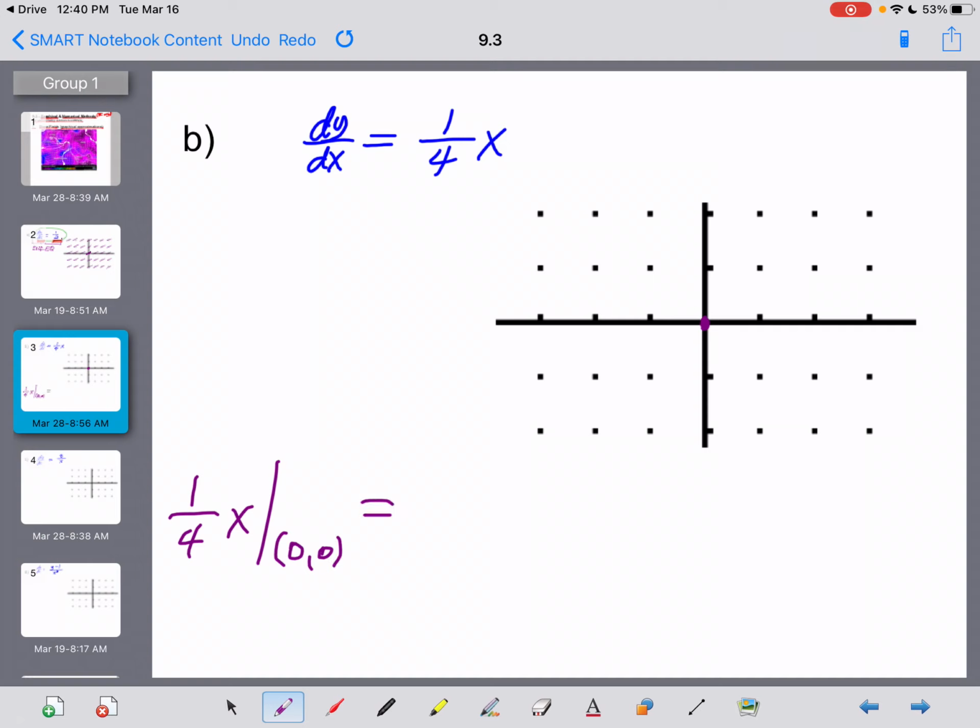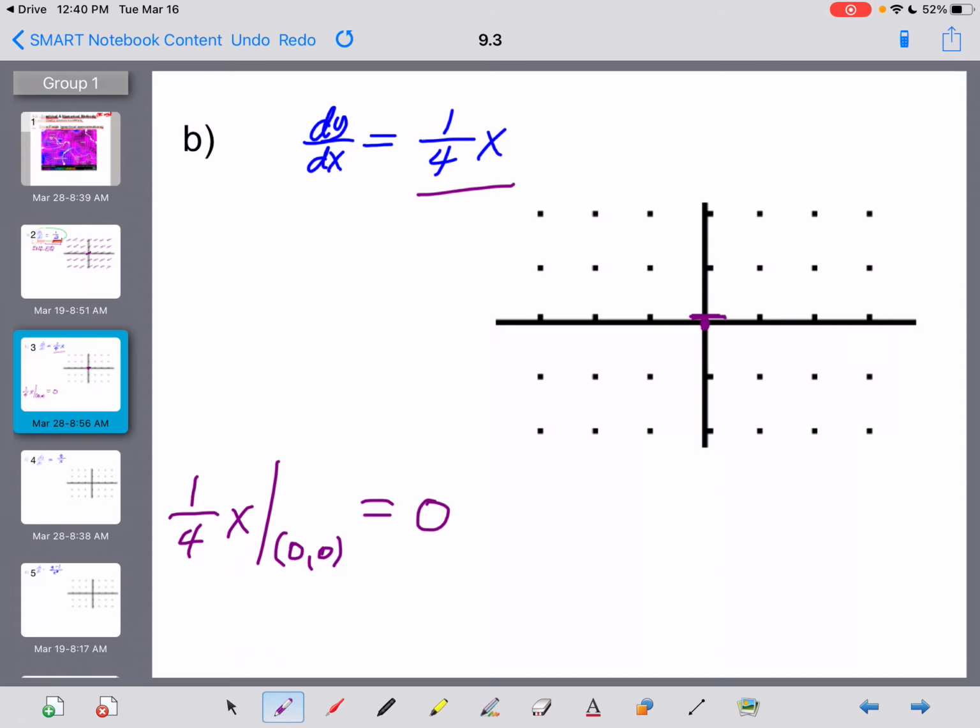That's going to be 1/4 times an x coordinate of 0, 0. So I've got a horizontal tangent segment right there at the origin because the value of 1/4 x, where x is 0, is going to be 0. And of course, a segment or a line with a slope of 0 would be horizontal.